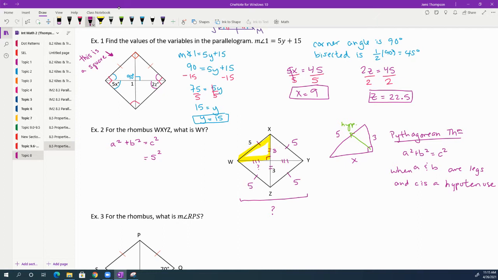So I can do 3 for A or I can do X for A. It doesn't matter. It does matter that the 5 goes into the C spot. And I simplify and solve. 3 squared, remember squaring something means I have 3 times 3, so it's 9. X squared is X times X. And then I have 5 times 5, which gives me 25.